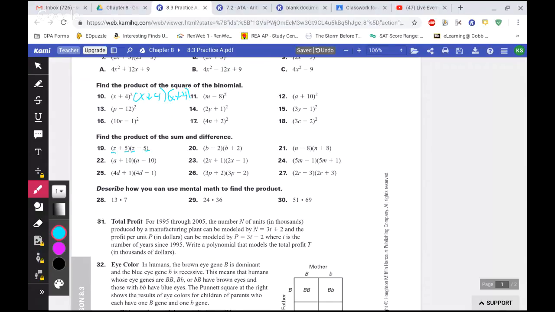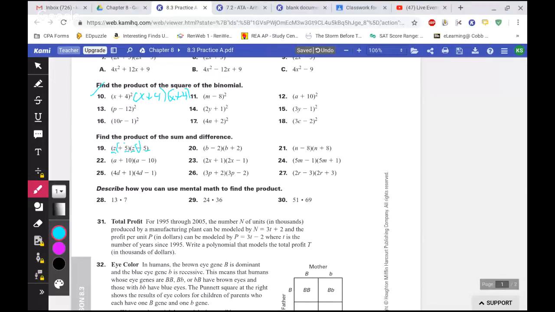The only thing that's different on each one of these, 19 through 27, is the fact that the middle sign is different in each of the polynomials. One is addition and one is subtraction. So your final answer is going to be what you're tempted to write for 10 through 18.